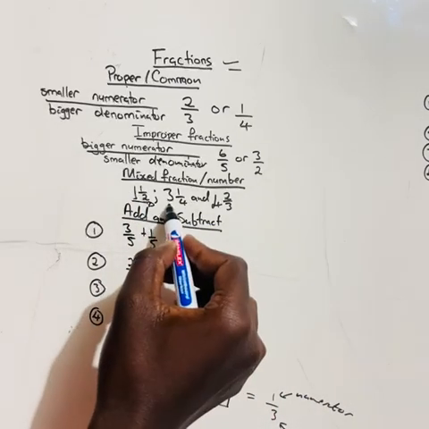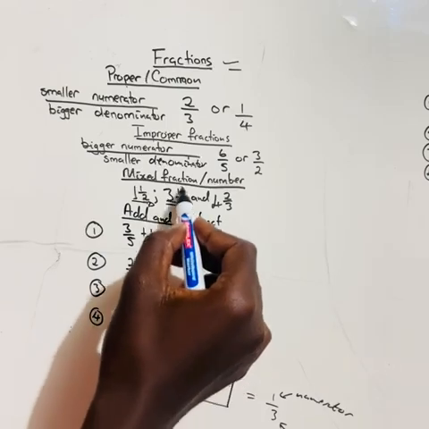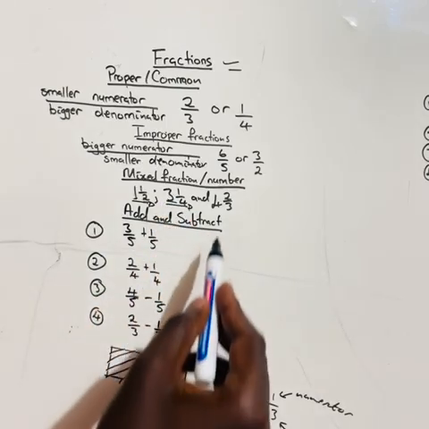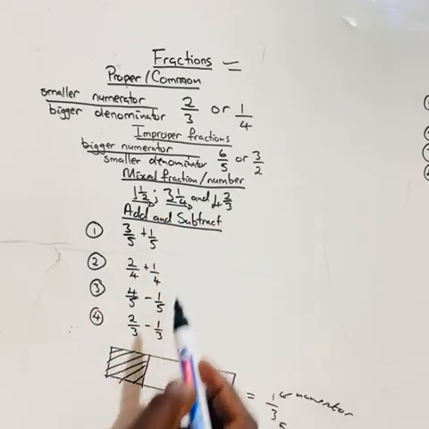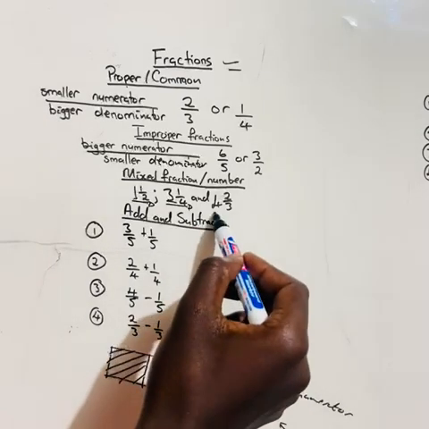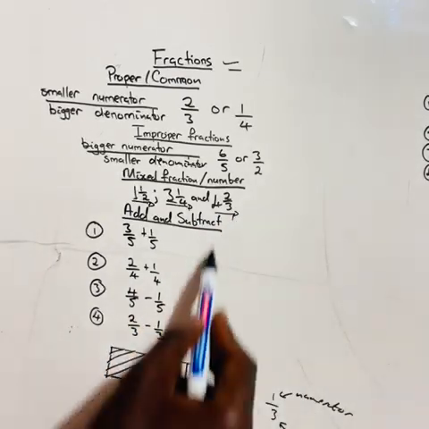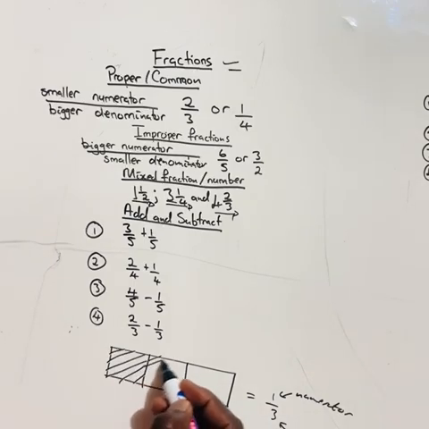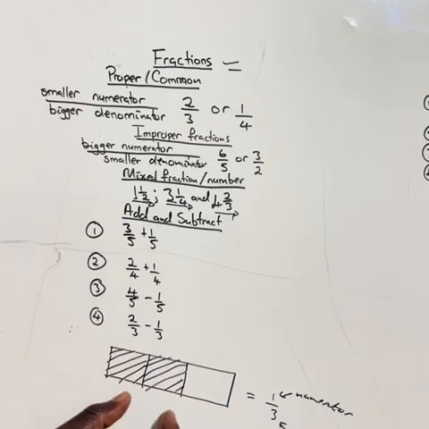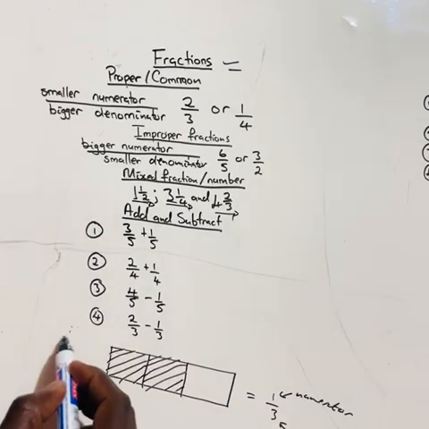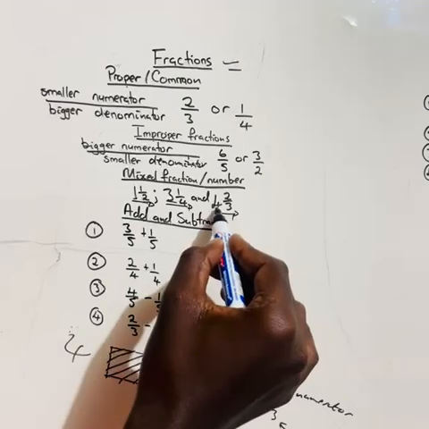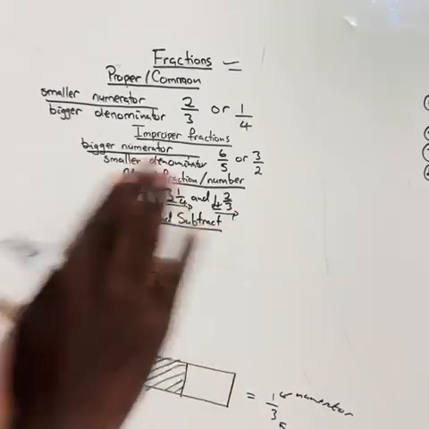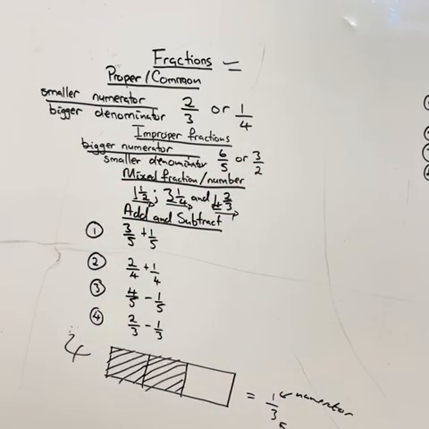Another example is 3 1/4, 3 whole numbers and a quarter, and then we've got 4 2/3, so 4 whole numbers and 2/3. Remember we gave an example of this 3. When I shade this other part, now this is 2/3. So you've got 4 whole numbers and 2/3. That's what we call a mixed fraction or a mixed number.